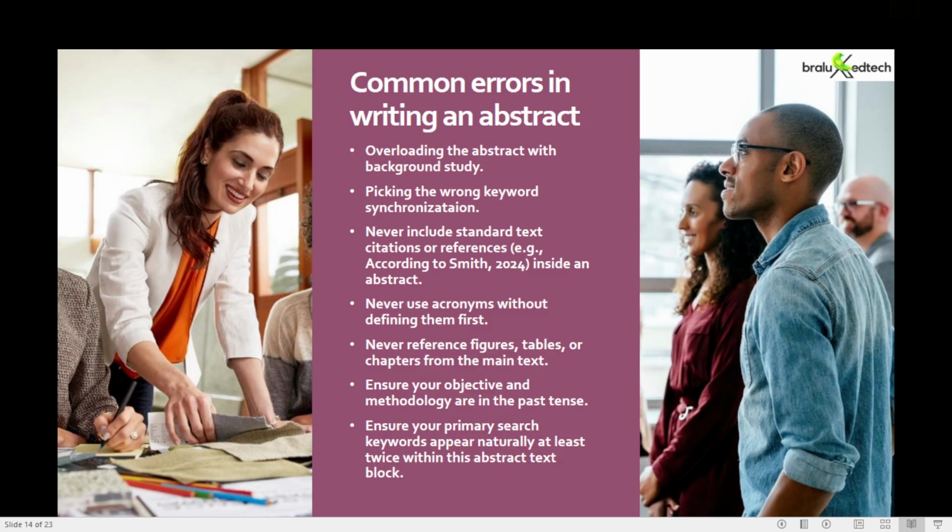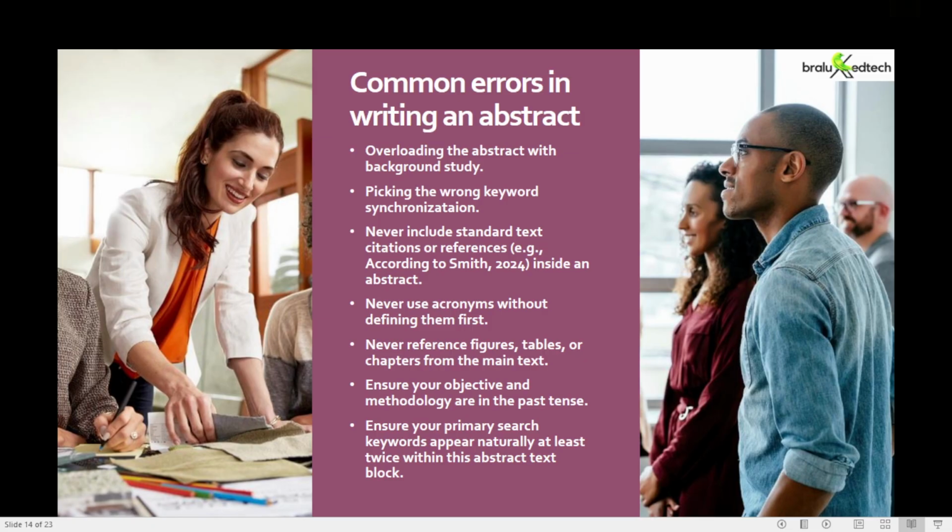Then the third common error is including citations or references. So in your abstract, never include any citation. Also, never use acronyms without defining them first. Never reference figures, tables, or chapters from the main text.